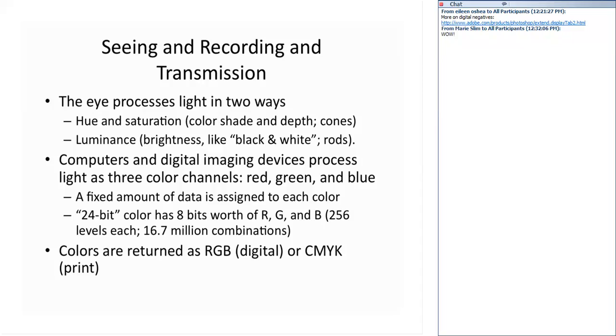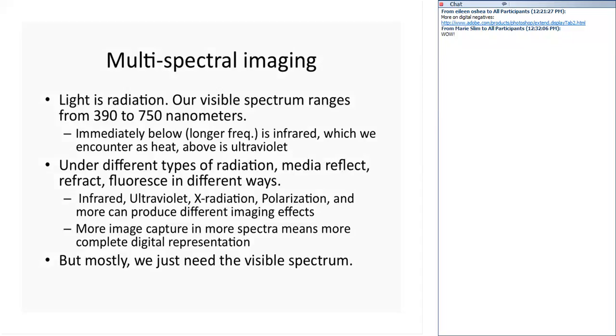They break light into three color channels, red, green, and blue, assign a fixed amount of data to each one of those colors, and then store that as digital data, ones and zeros. Colors are then returned as RGB in digital devices or in CMYK, cyan, magenta, yellow, and black for print output. So already the way your eye understands light and the way computers do are slightly different.